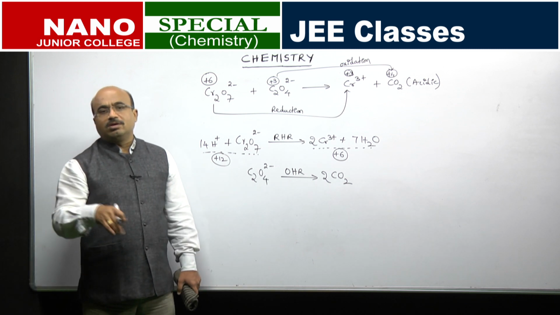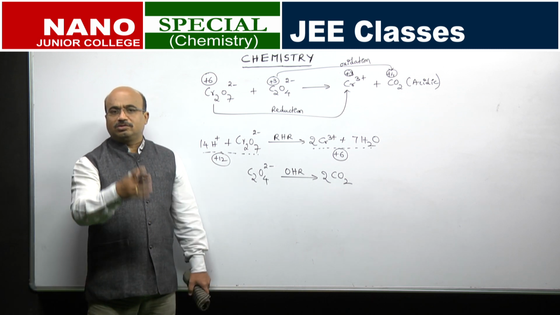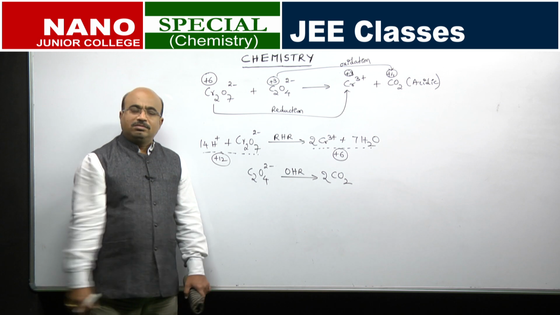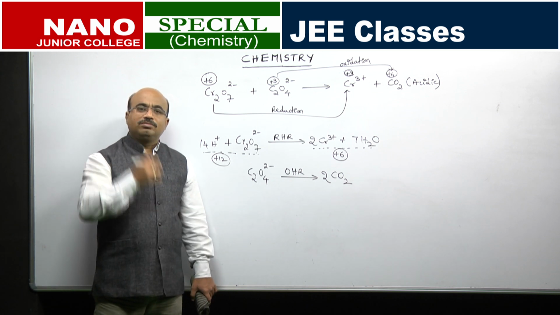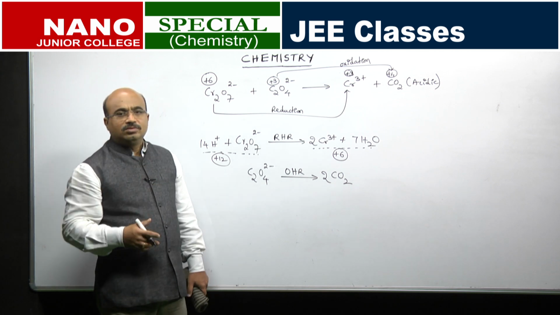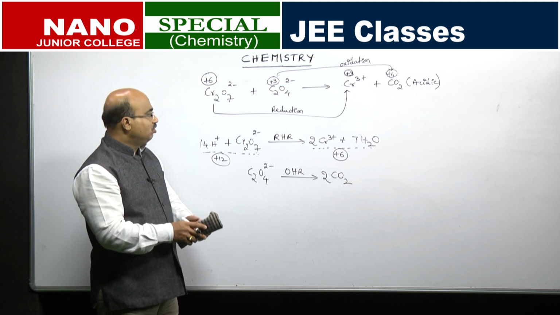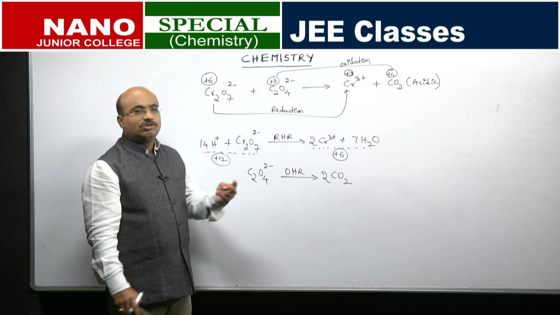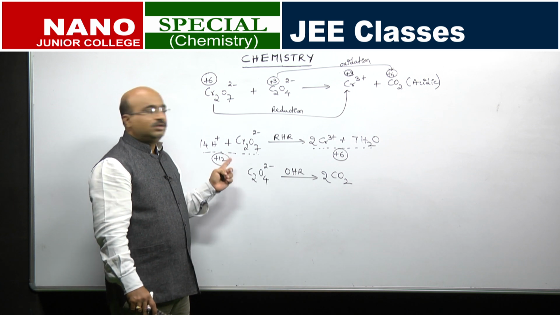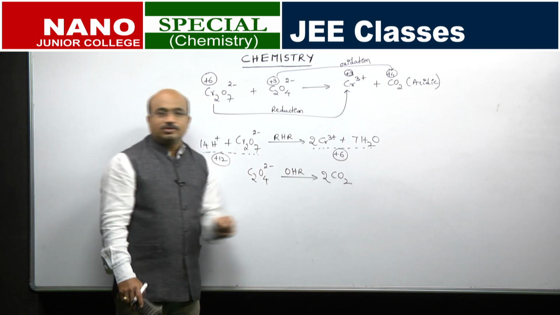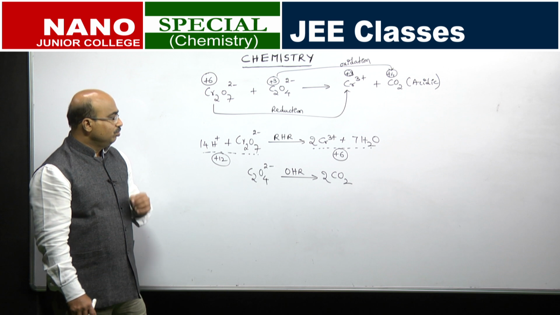So, we are adding electrons to balance the charges. So, where we have to add? Where the positive value is more. So, how many positive units are more here? 6 units of positive charge is more here, because it is plus 12, this is plus 6. So, what we should do?